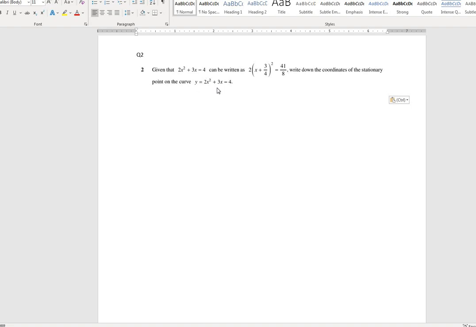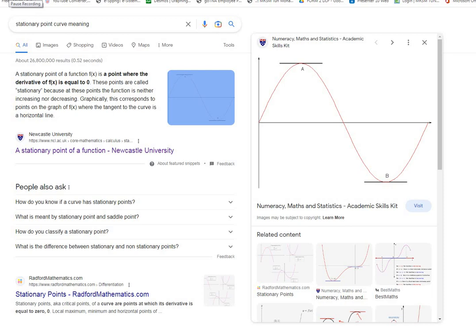First you have to understand the meaning of the stationary point on the curve. To make it simple, a stationary point is a point where the graph changes from positive gradient to negative gradient, or negative gradient to positive gradient.